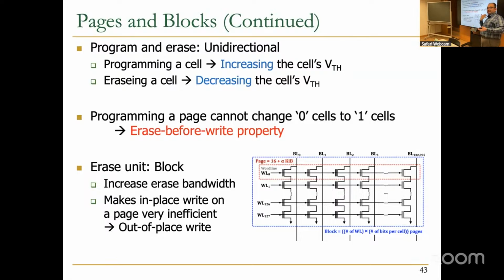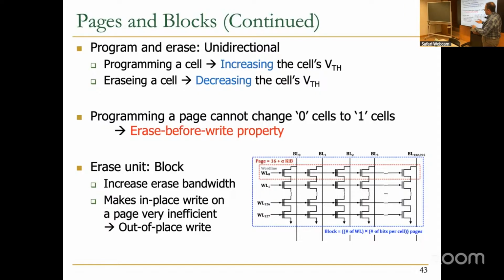You need to read everything and keep it temporarily in a buffer. Then you can erase this whole block, update the page in that temporary buffer, and then store everything back again. Super inefficient. So that's why people do it out of place.